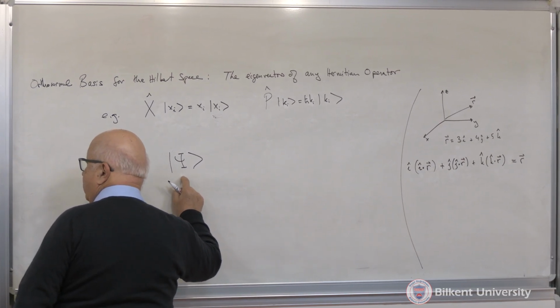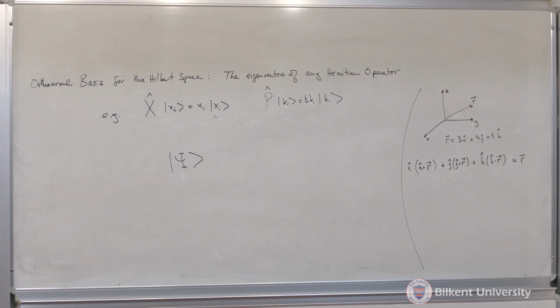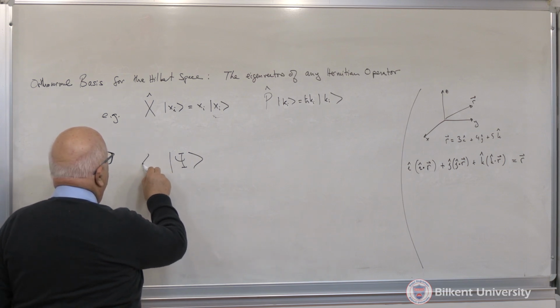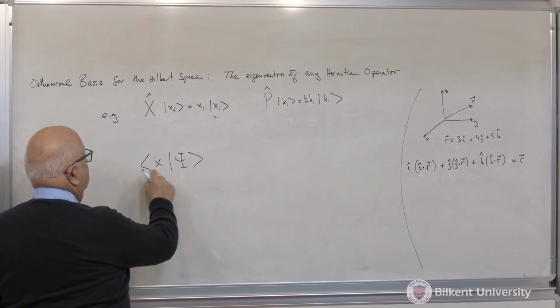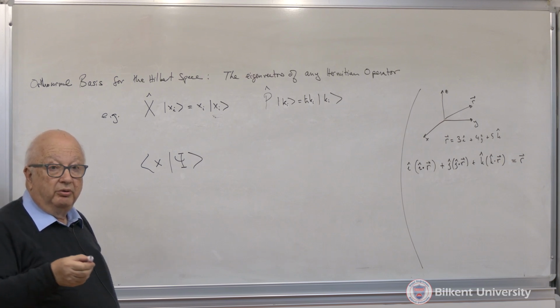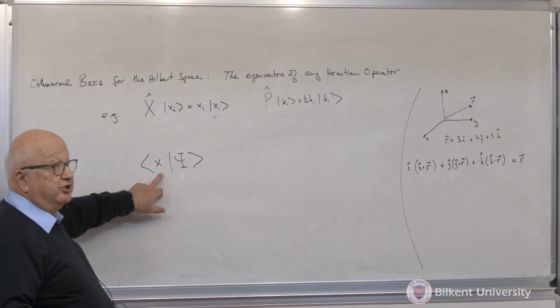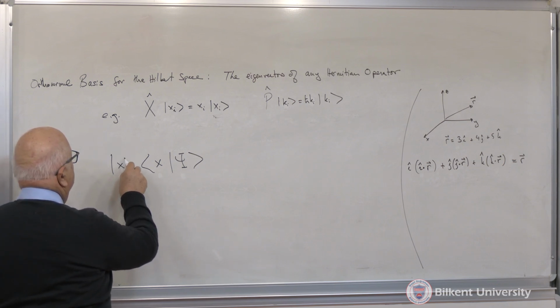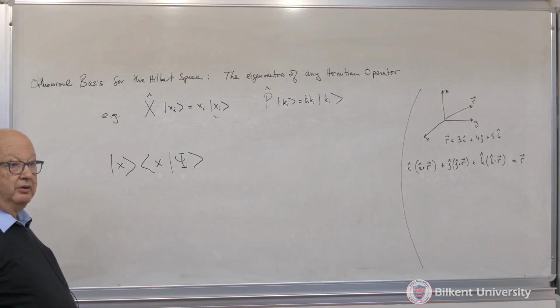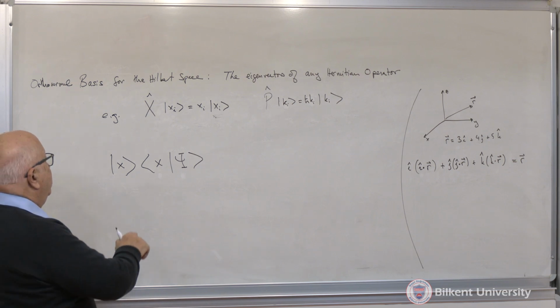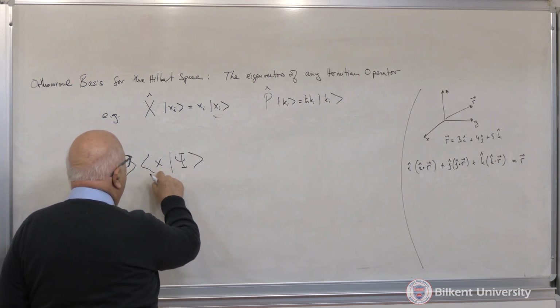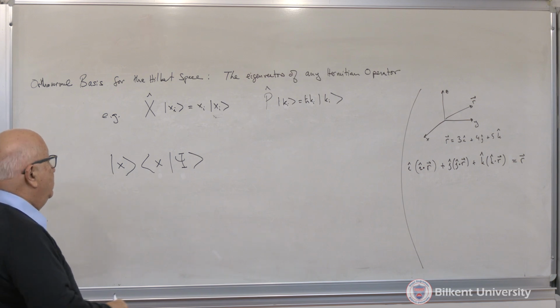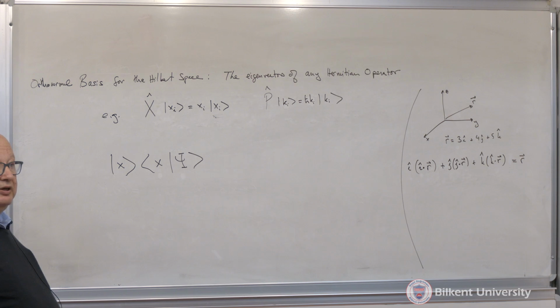I take the inner product of that with the adjoint of the direction vector in the x direction, and multiply it back by that direction.